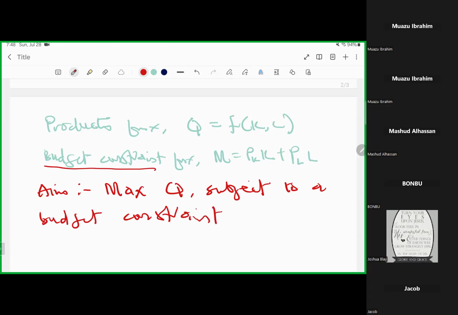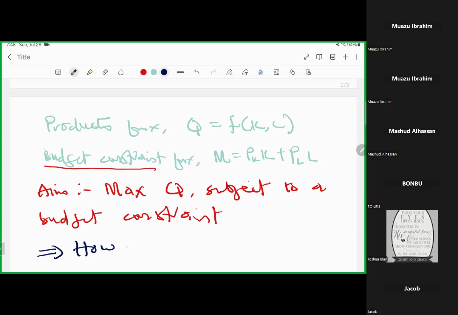In this particular case, how will the firm combine the two inputs, capital and labor, to be able to maximize output, given the budget?